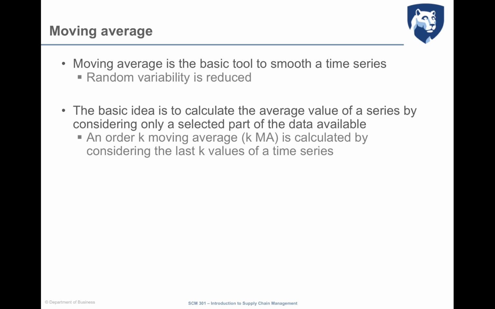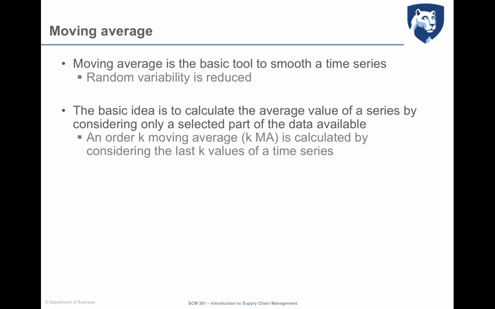First of all, let's try to understand how to evaluate the trend. The trend can be evaluated through what we call the moving average. The moving average is the basic tool to smooth a time series because it smooths the random variability.